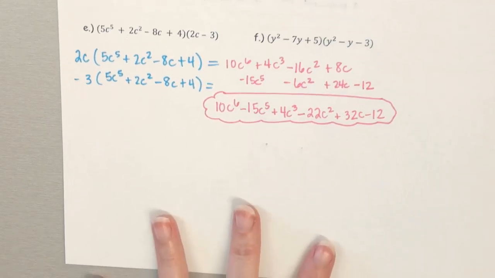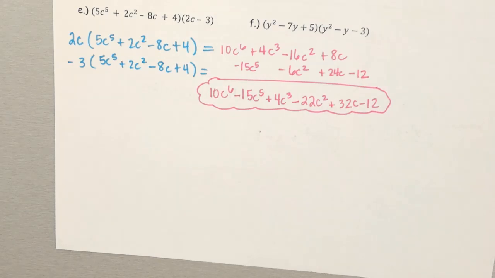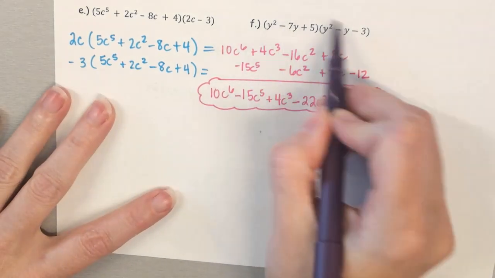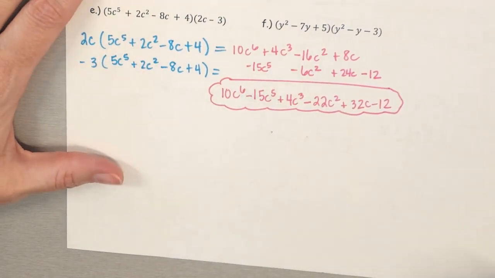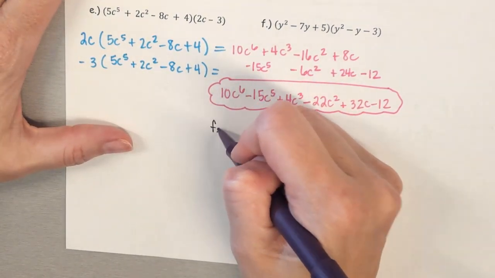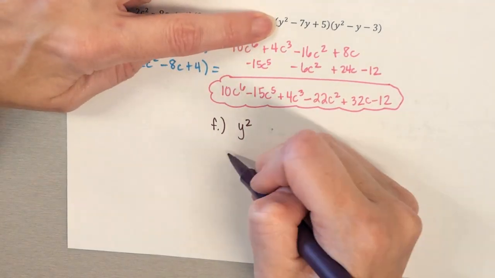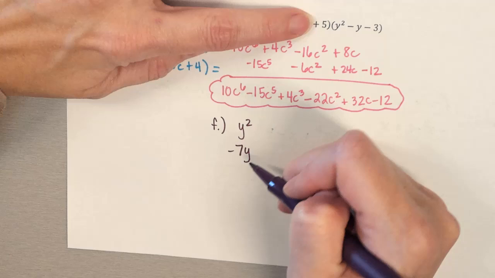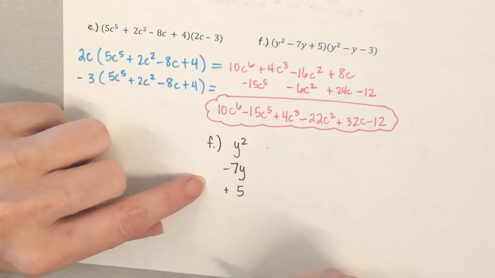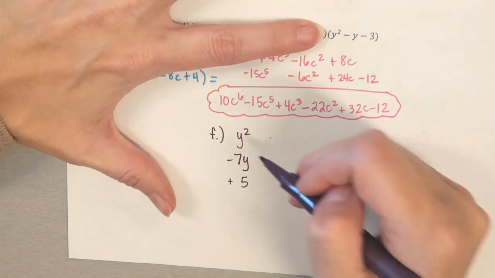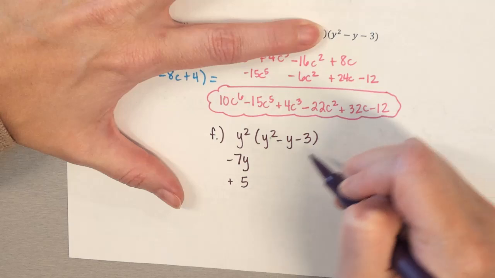Okay, so for F, you have a trinomial times a trinomial. Again, you can use the distributive method, like the y squared multiplied by everything, then the -7y. Okay, you can also just line up if you have y squared -7y plus 5. You can just line that up here, and you're multiplying it by the y squared minus y minus 3.